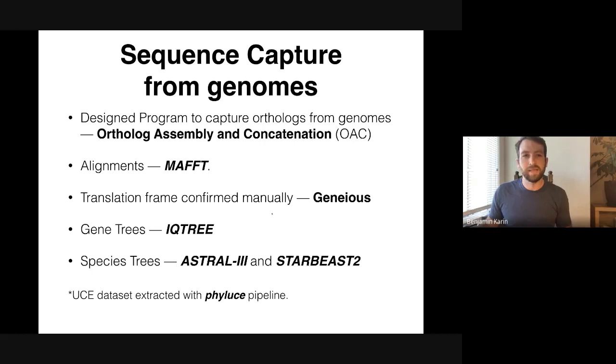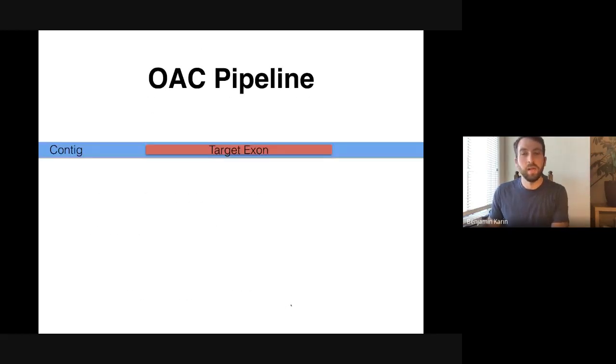We confirmed the translation frame for each alignment manually in Geneious for all the Relic loci. We built gene trees in Geneious, and then species trees primarily in ASTRAL-III, and we also built a full Bayesian coalescent tree in StarBEAST2 for the Relic loci. The UCE data set was extracted with Phyluce, which worked really well for the UCEs, but didn't work so well for these divergent, rapidly evolving Relic genes.